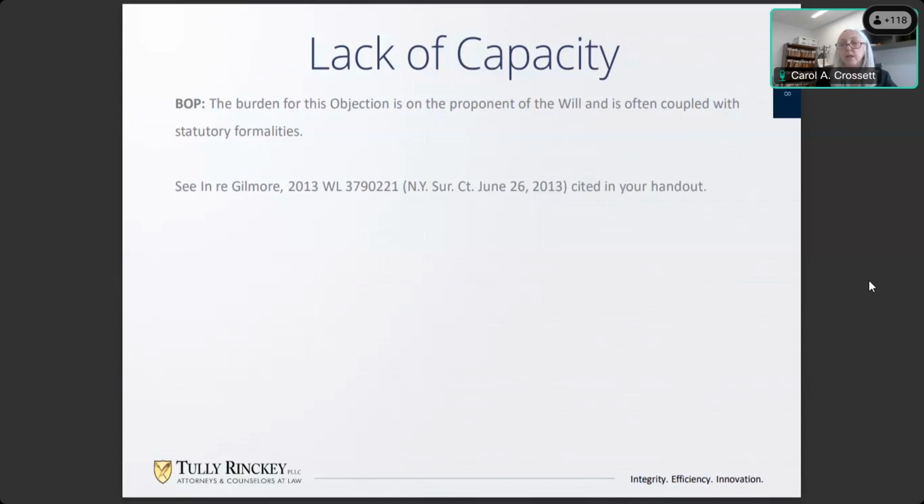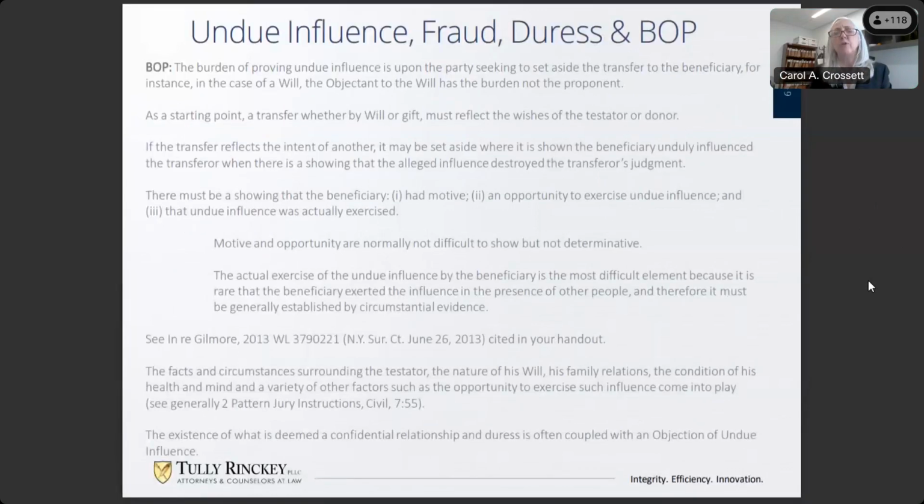So the instrument, the will, was the product of undue influence and fraud, and he just lacked capacity. On the issue of lack of capacity, we had to make a showing to the court because we wanted medical records, and at first the surrogate's court denied. But then we made an application with relevant facts related to the disease and how it had progressed, to raise an issue, and the surrogate took a second look at it and granted a limited right to receive certain medical records that we had requested for our review.